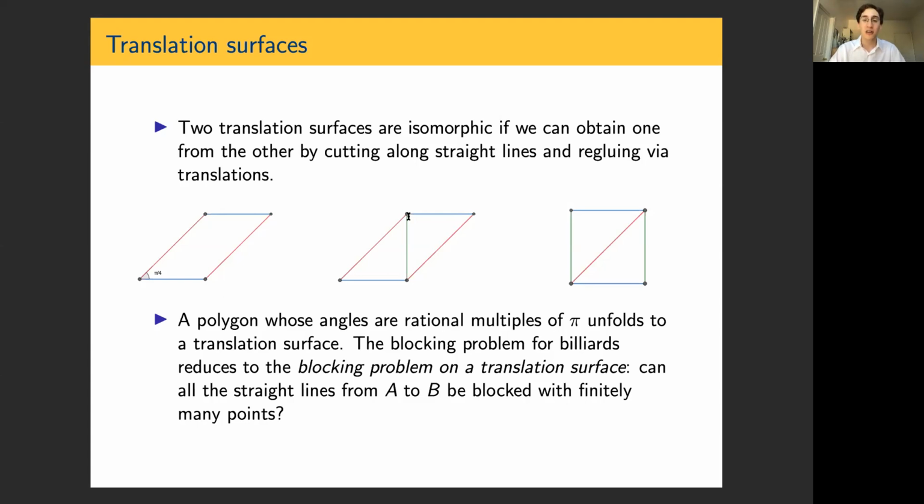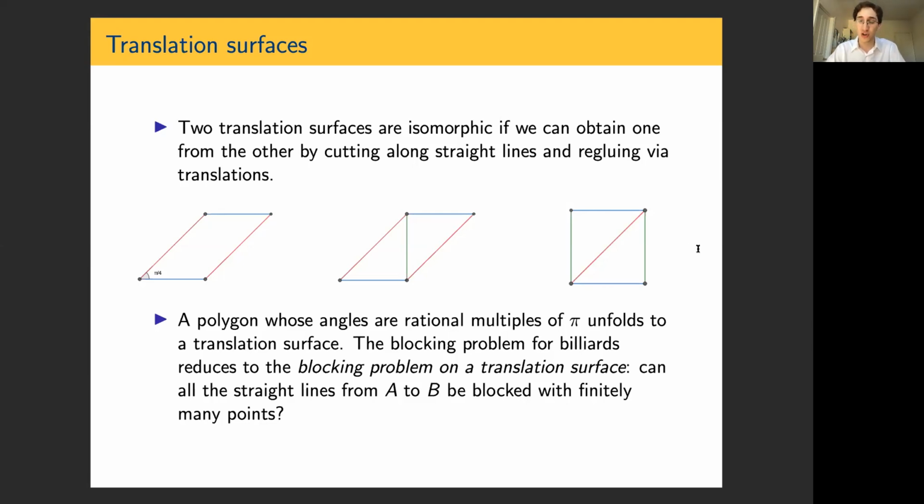If we cut along this green line segment in the middle, we get two triangles, which we can then slide past each other and reglue, where we've reglued the red side over to the red side on the other side. This gives us a square, and in fact, this is the same as the original square torus. This shows that even though the original parallelogram isn't a square, it still represents the same translation surface.